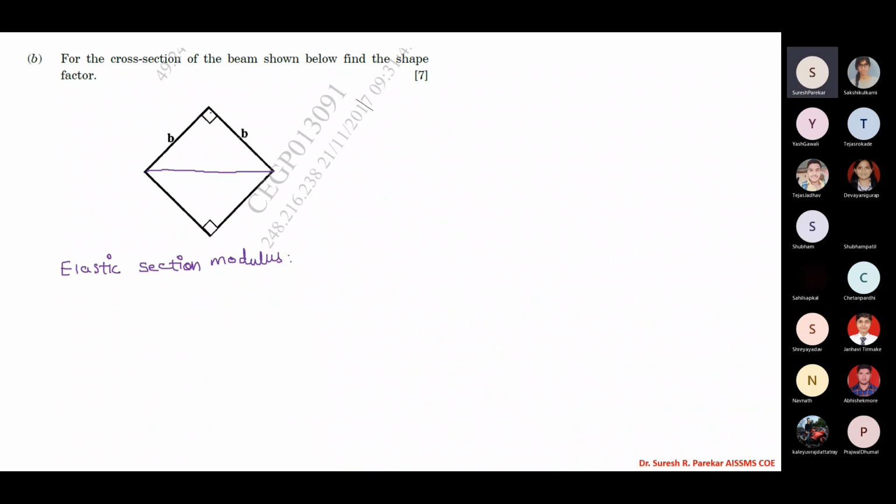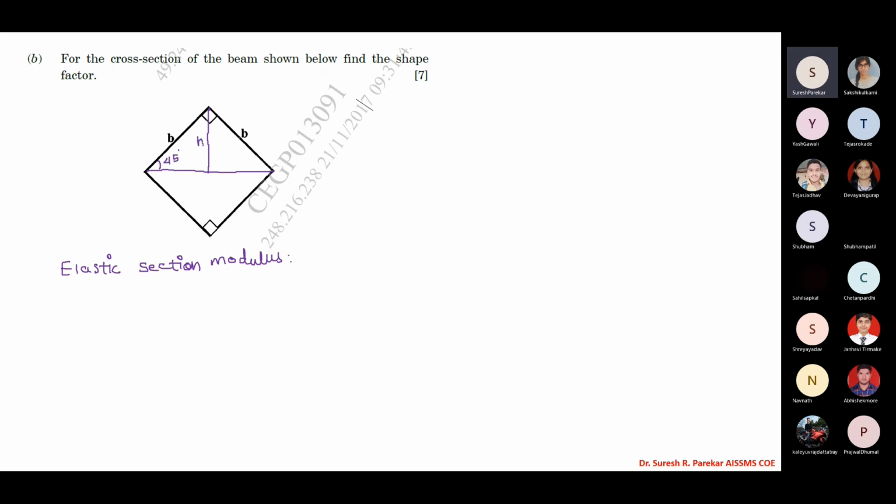So we will have this as B. So what will be vertical height? This angle is 45 degrees.